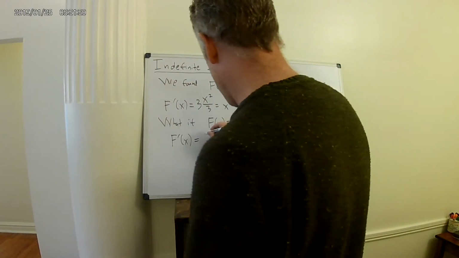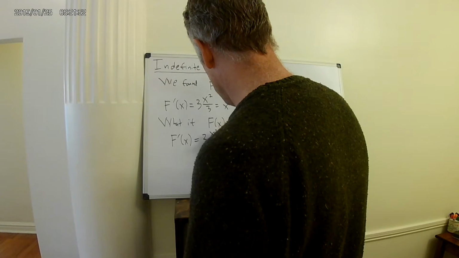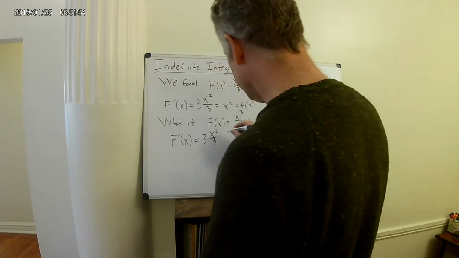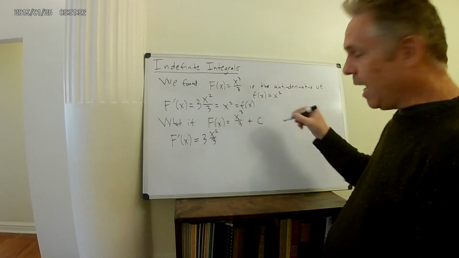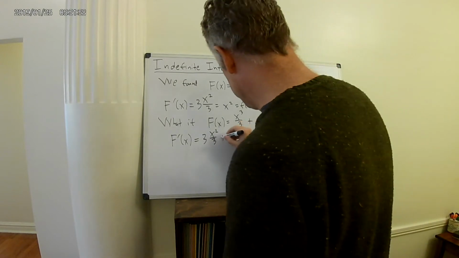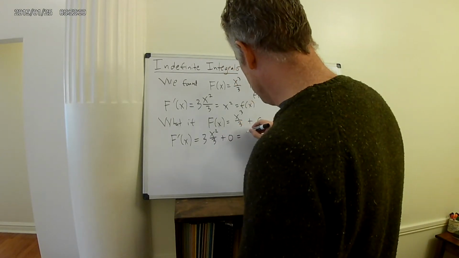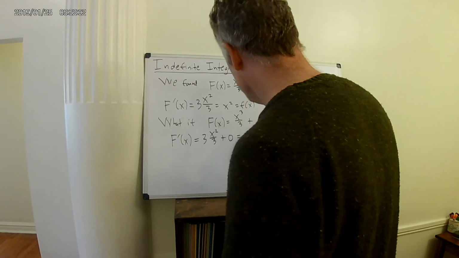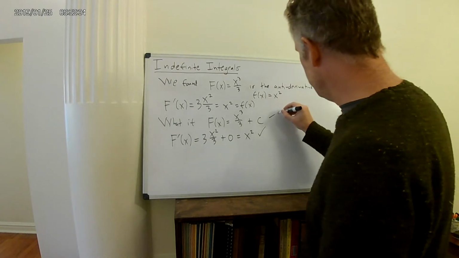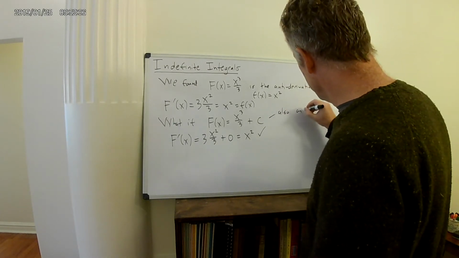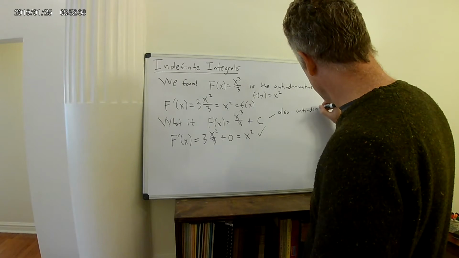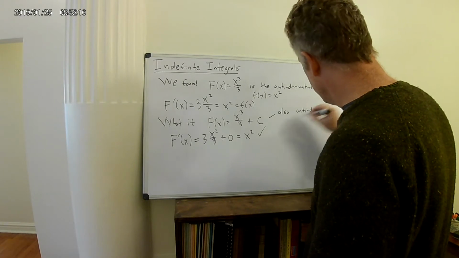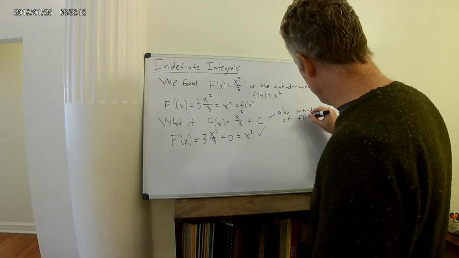The derivative is now 3 times x squared over 3, and then the derivative of a constant is 0, plus 0, which equals x squared. So this is also the antiderivative of f of x. What happened here?